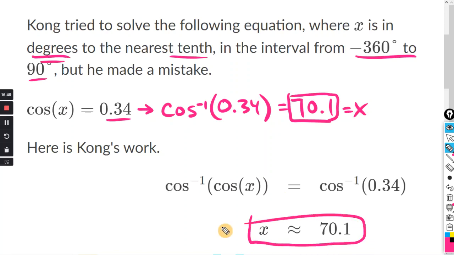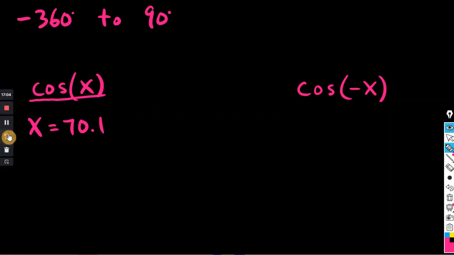So far, so good. Let's apply the identity for the cosine. And again, take note, the interval goes from negative 360 to 90. So we're dealing with 70.1. Okay, now we are dealing with degrees. We know that once around a circle is 360 degrees.